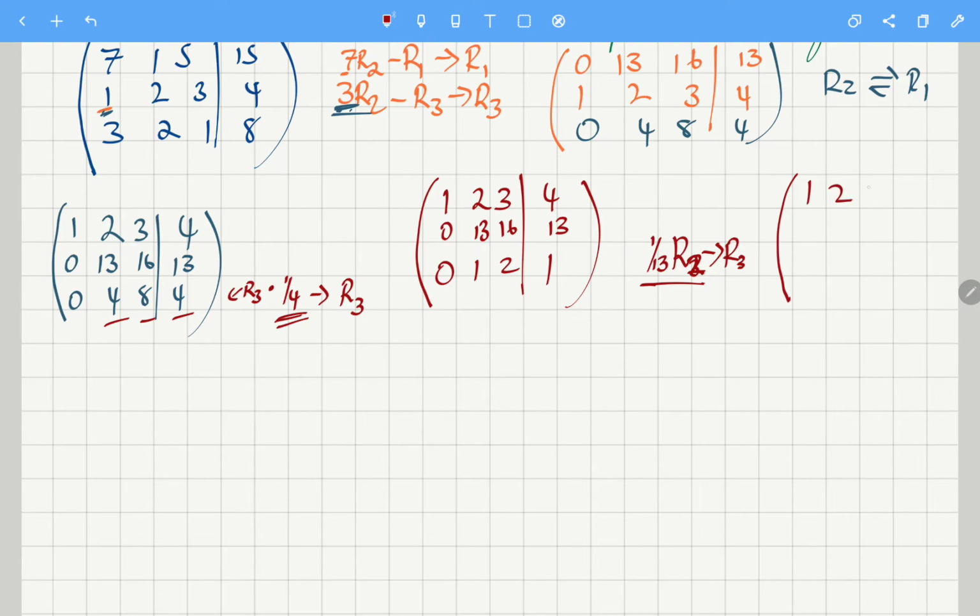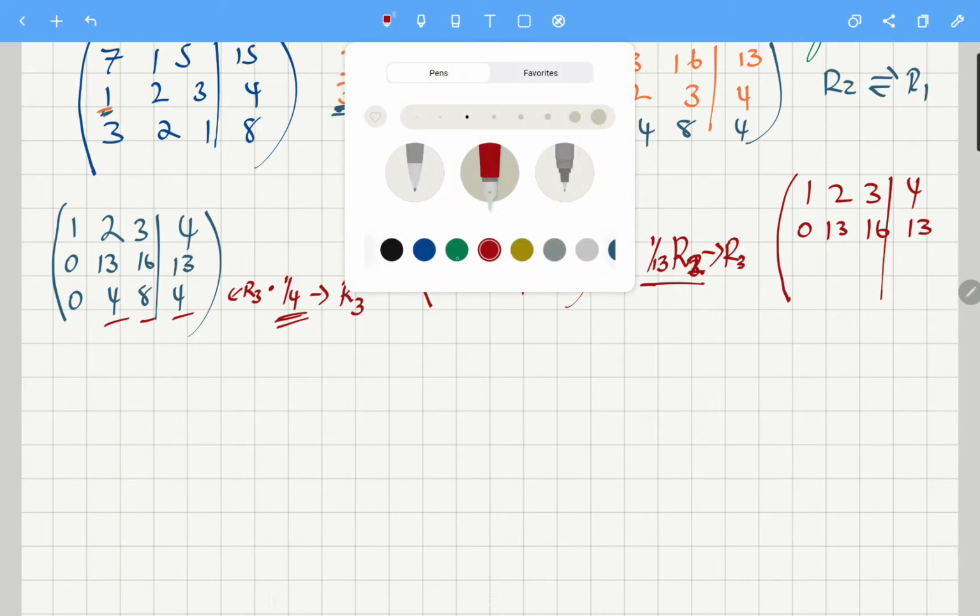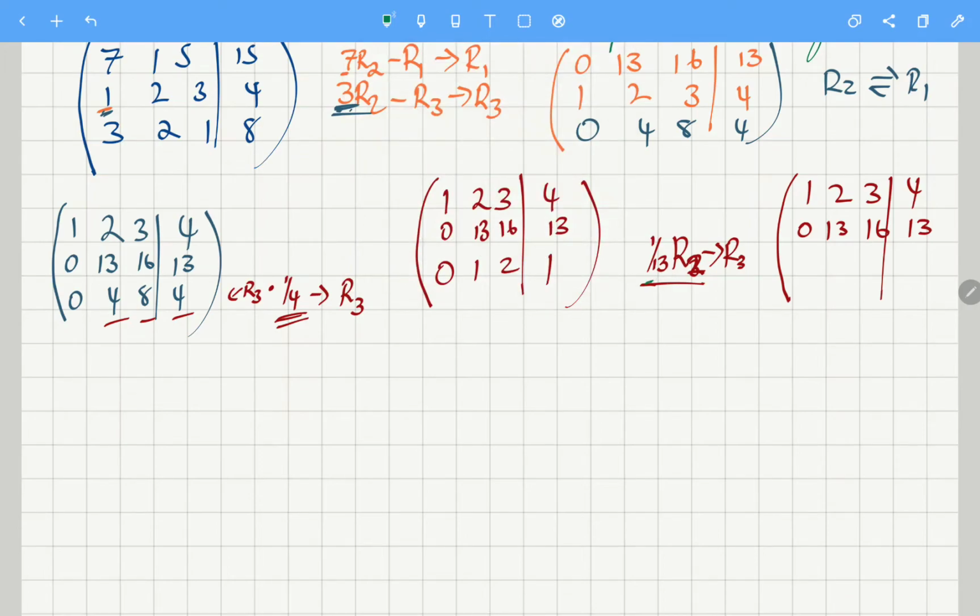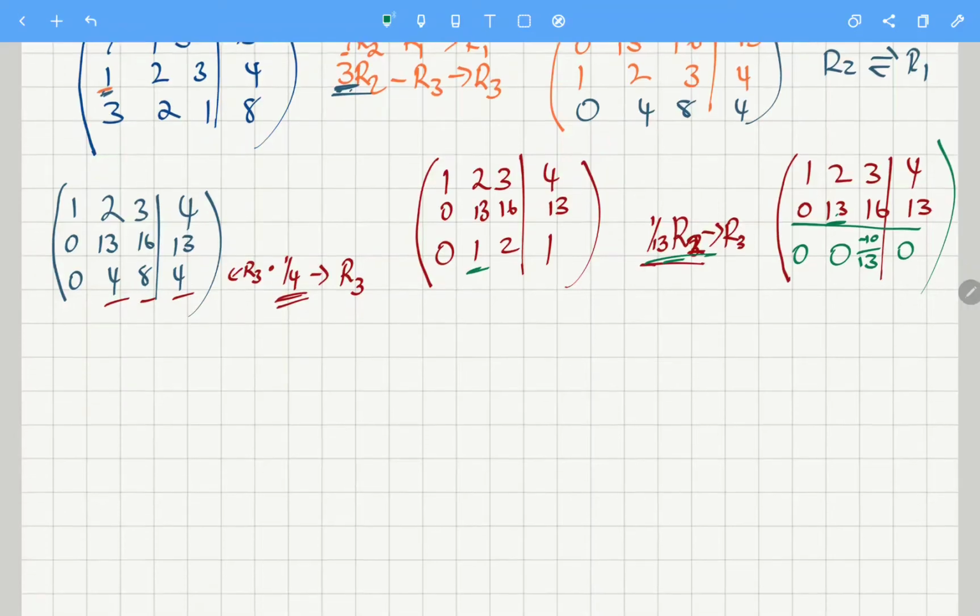So there's 1, 2, and 3, the 4 there, that stays the same. Then 1 over 13 times 13 is 1. Then 1 minus that 1 becomes a 0. And then that becomes minus 10 over 13, and that becomes a 0.